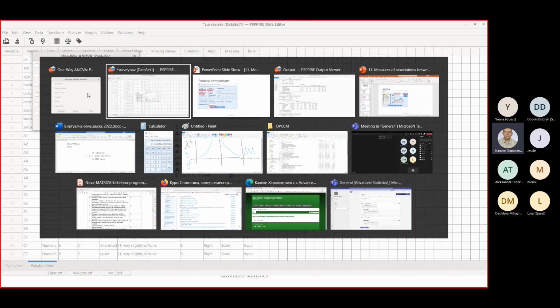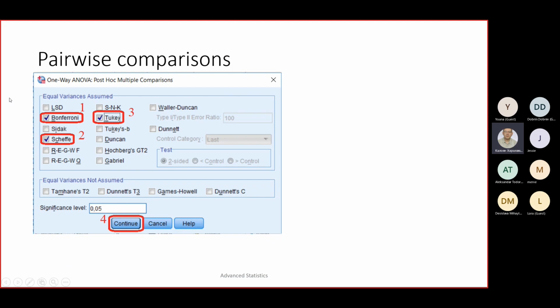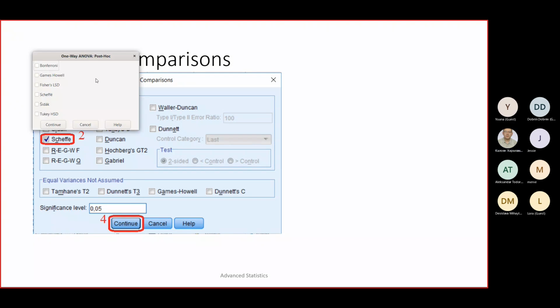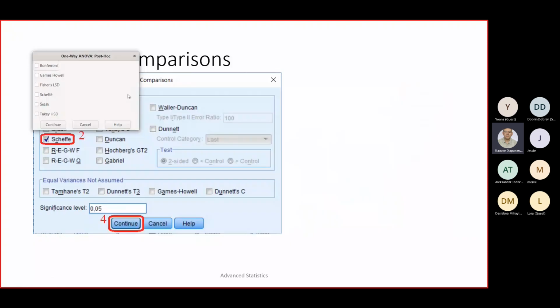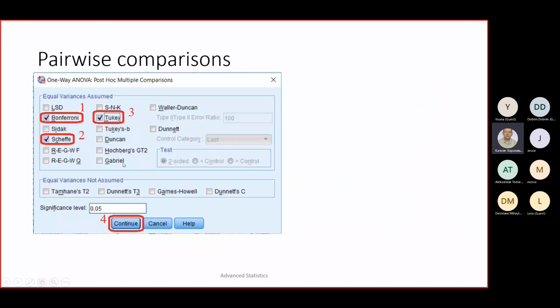So we must see here the groups. Bonferroni is here, equal variances assumed. James Howell is here, equal variances not assumed.